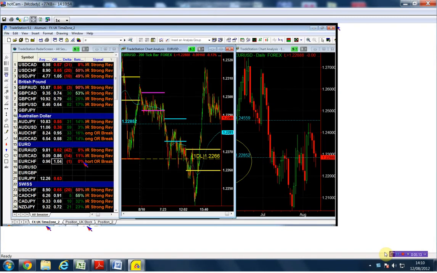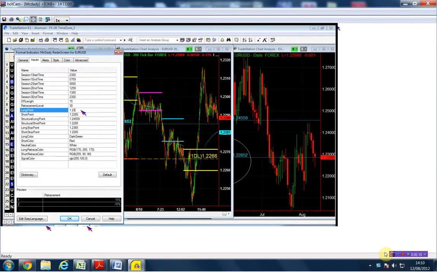So my long point is going to be 123.26, and my stop is going to be 123 even. And my next structural long point, if it does go above that, is the 124.55, which is the one from last week. It remains unchanged.